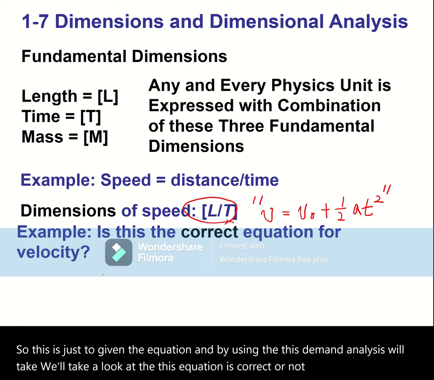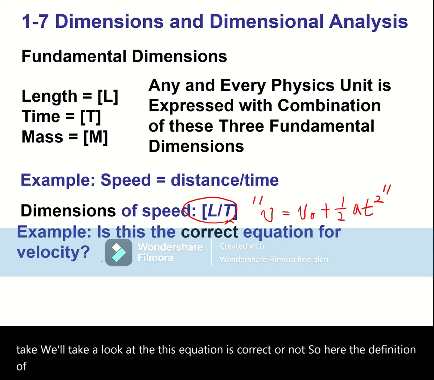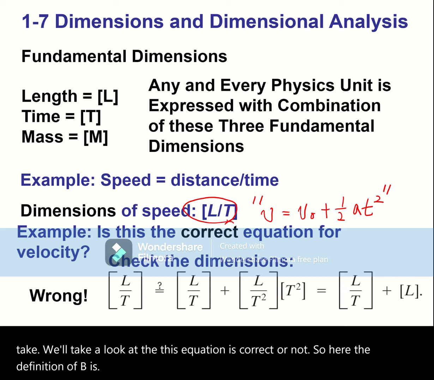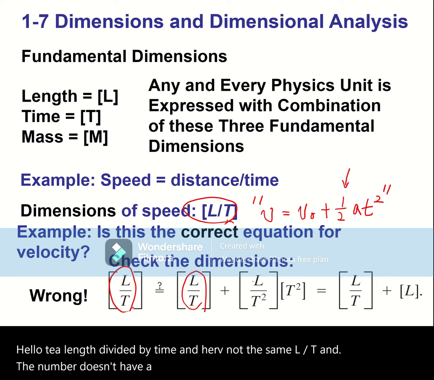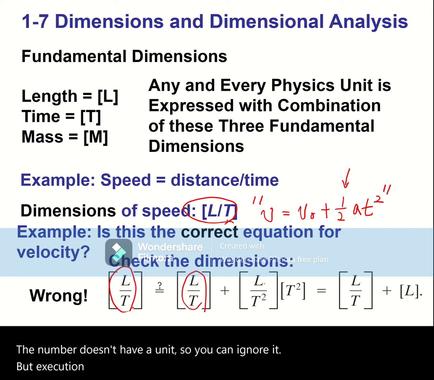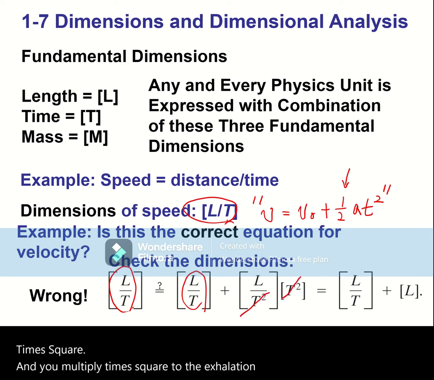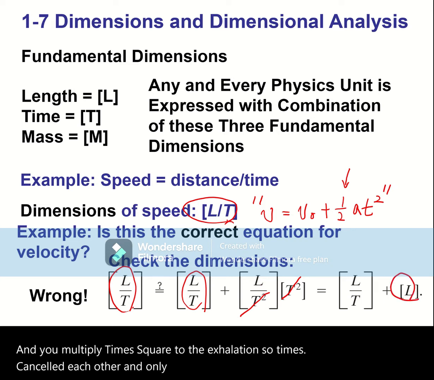Here, the dimension of V is L over T, length divided by time, and V naught is the same, L over T. The number doesn't have a unit, so you can ignore it. But acceleration is length divided by time squared, and you multiply time squared by the acceleration, so the time squared cancels and only L is left.